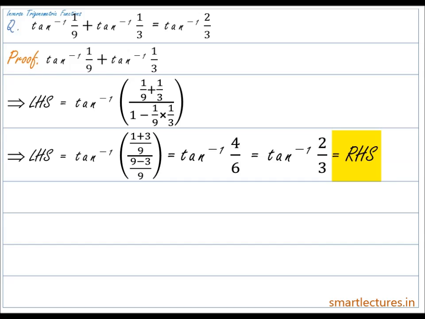So that means tan inverse 1/9 plus tan inverse 1/3 is equal to tan inverse 2/3.